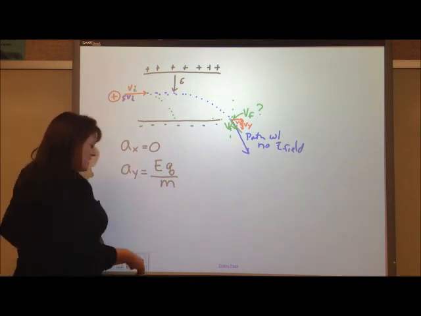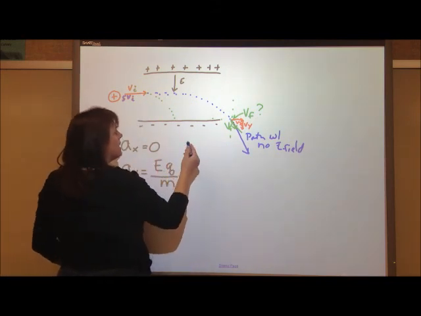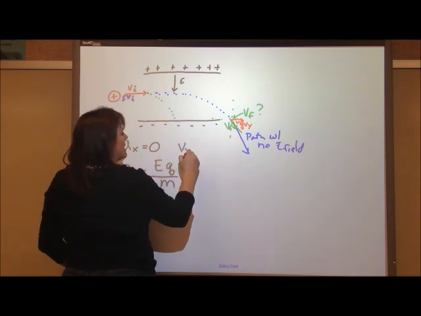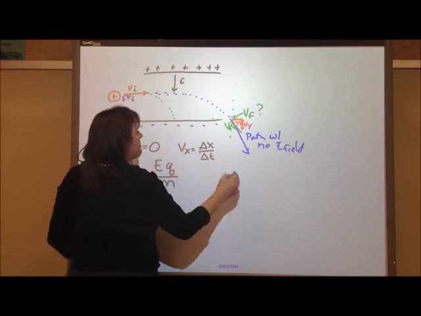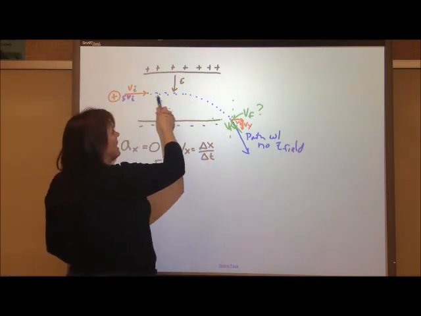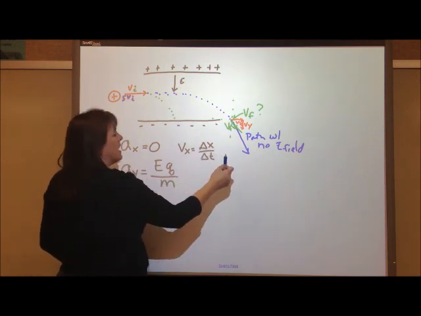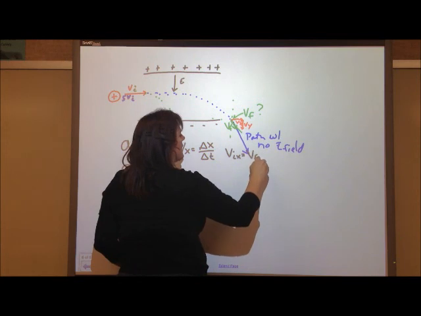The acceleration in the x is zero, and remember that when there's no acceleration, the only equation I have is velocity in the x is the change in x over change in time. In this case, there's no acceleration, so V initial x is equal to V final x.